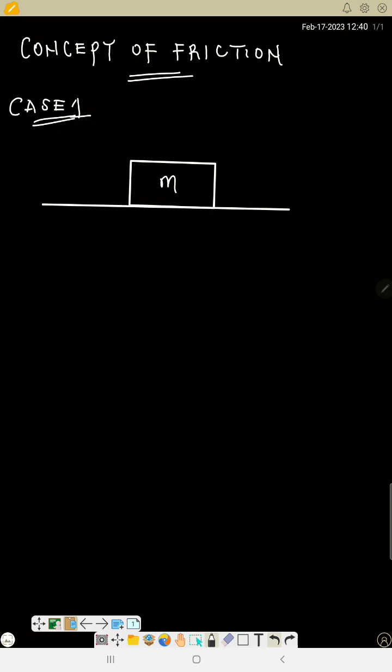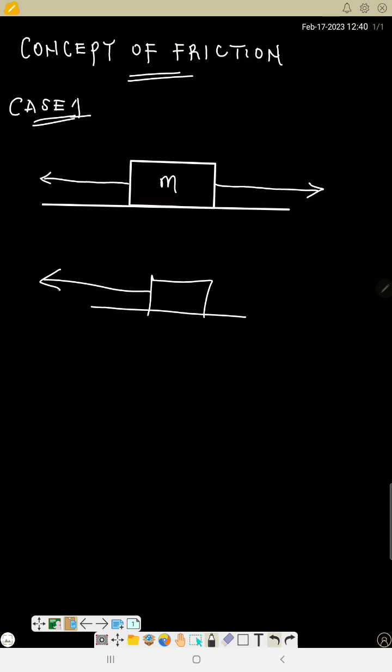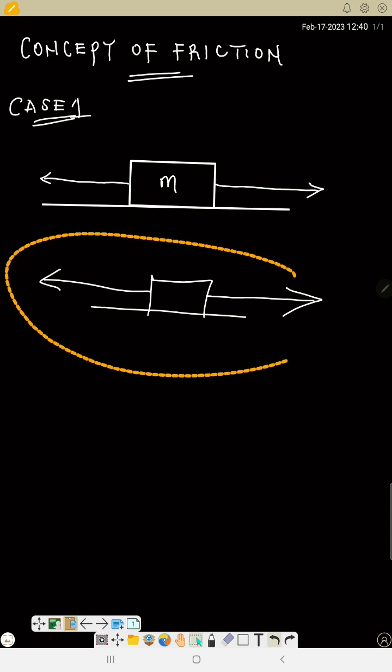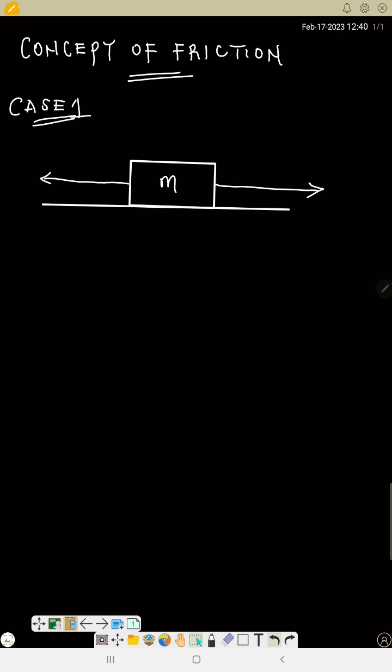So now, if I apply a force towards this direction, there must be another force that will oppose this motion in this direction. And if you apply a force in this direction, there must be another force that will oppose it towards this direction. So what is that force that opposes the motion? It is called frictional force.